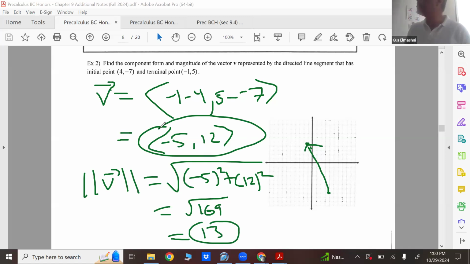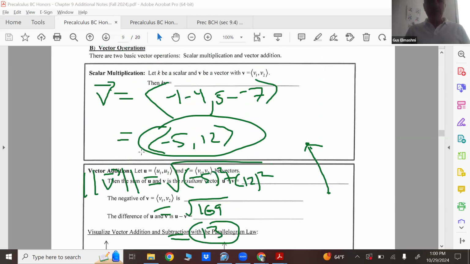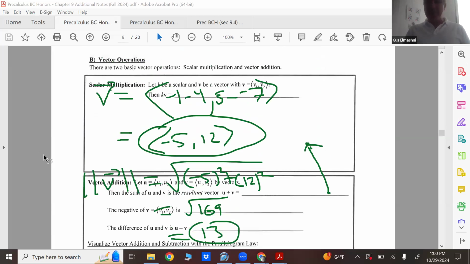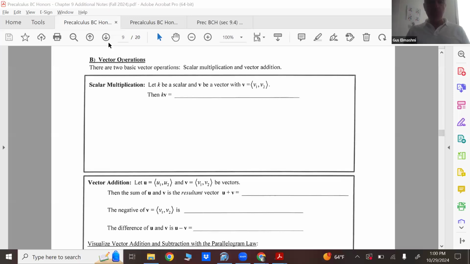You good? Let's see. We've got till 125. Okay. Let's keep moving. I think we can move a little faster now. The math that goes into it is pretty simple. It's not that hard. A scalar multiplier is like the distributive property.